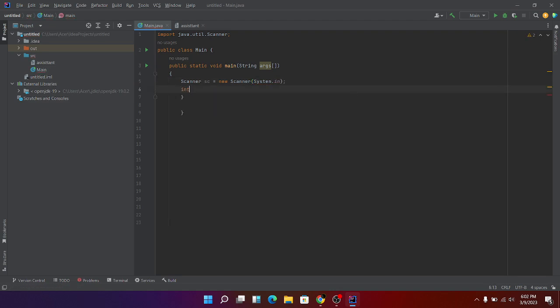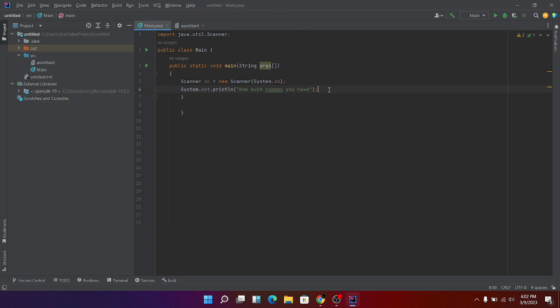Now integer, not float. First of all, shout how much speech you have.